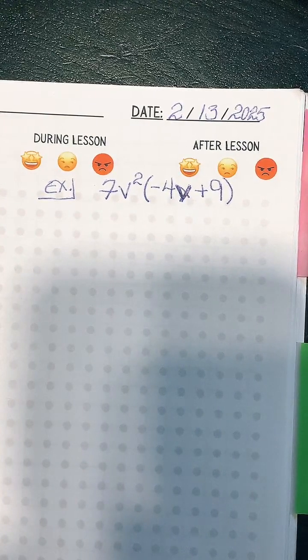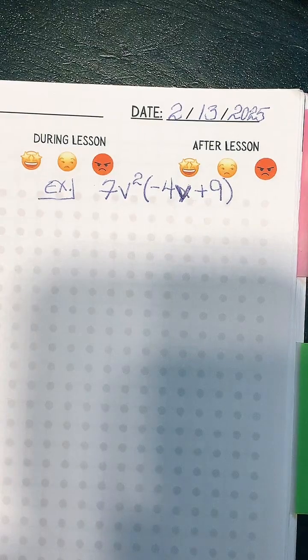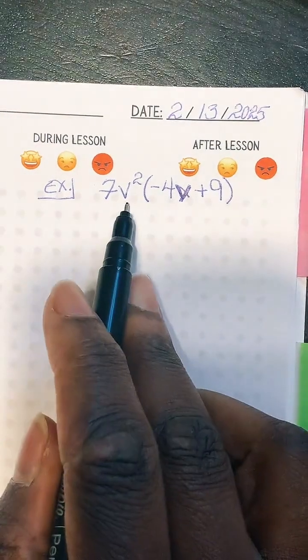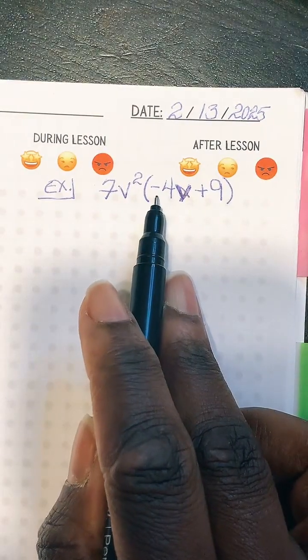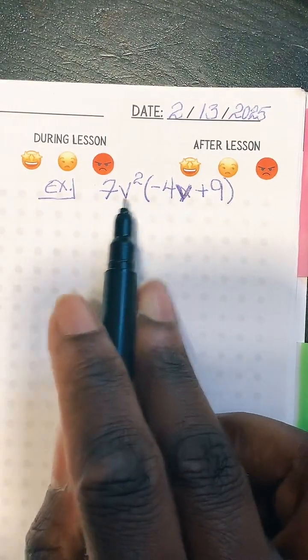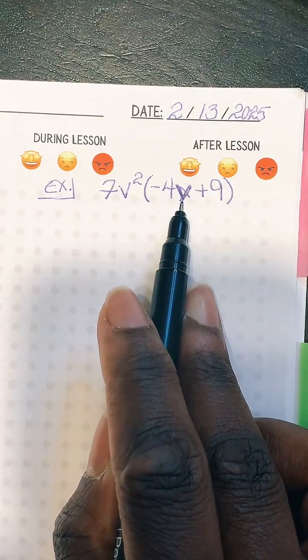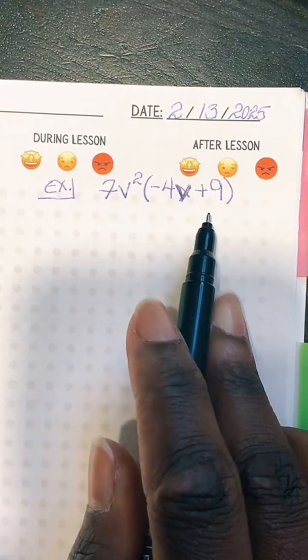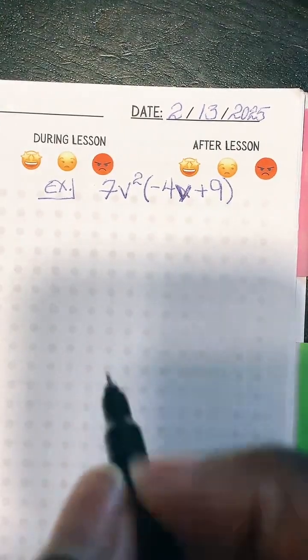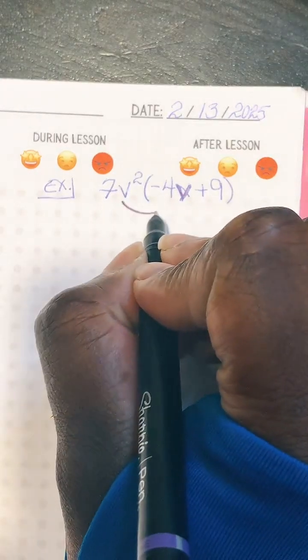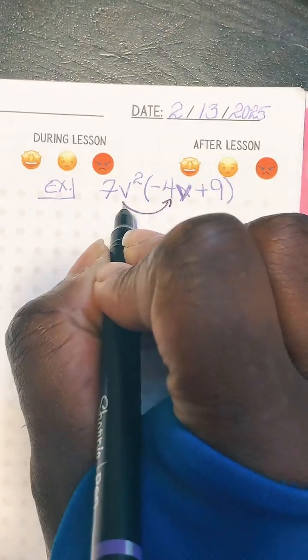All right. So now, doing the same exact thing. So we have 7v squared times negative 4v. That's a v. This is why you should write in pencil, not in pen. Plus 9. So as we're going to distribute.